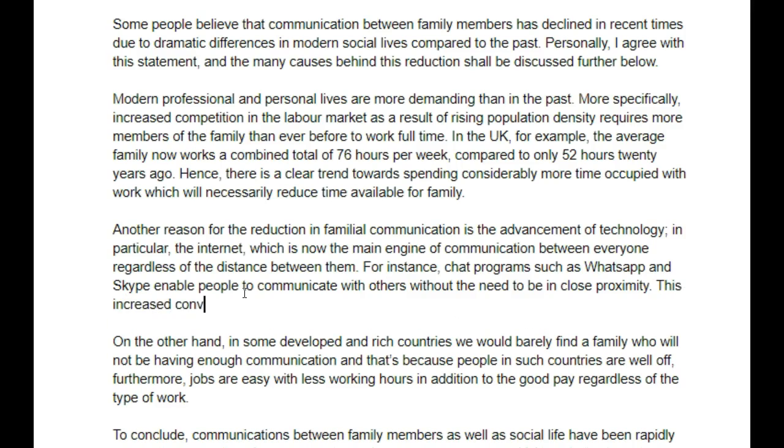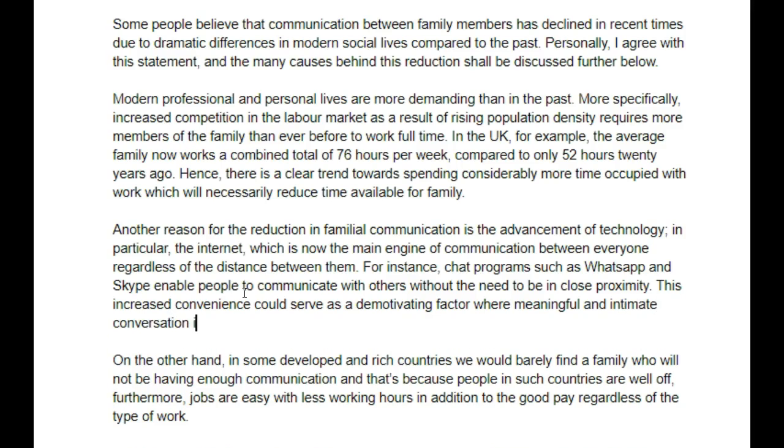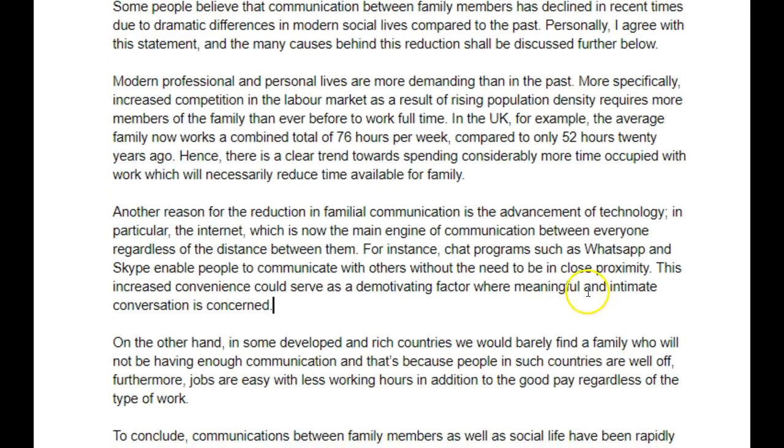This increased convenience could serve as a demotivating factor where meaningful and intimate conversation is concerned. Or in terms of. And then we wouldn't need that. In terms of meaningful and intimate conversation.